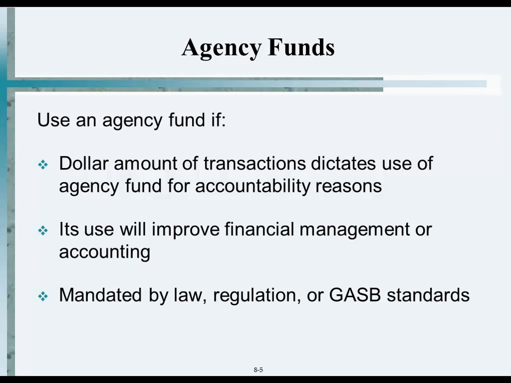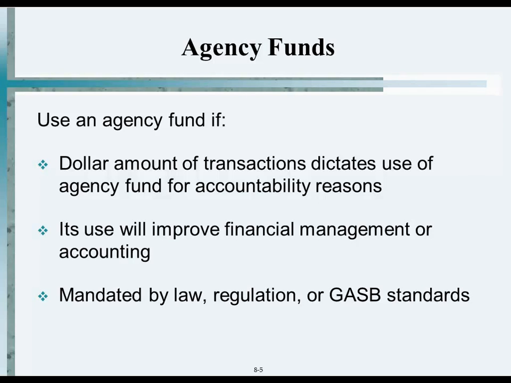Now, people use agency funds for a variety of purposes, but these are the guidelines by GASB as to when they should actually be used. One of the questions which I'm always asked is the difference between an agency relationship and a trust relationship.